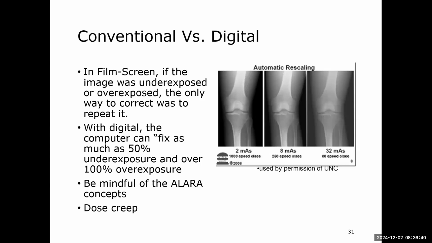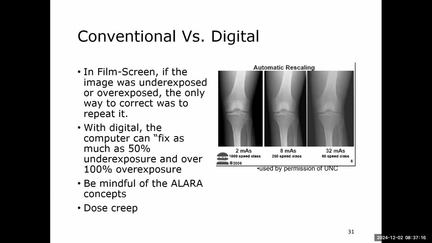With digital, the computer can fix as much as 50% underexposure and really over 100% overexposure. So we have to be mindful of the ALARA concept or dose creep, which is what we were sort of talking about a minute ago. If you're not paying attention to your numbers, then let's say you're using 4 mAs on a knee, and you have the next patient a while later, and you say, I really can't remember what I used.